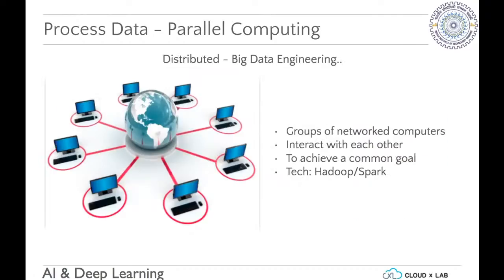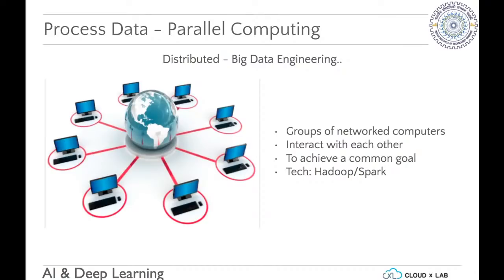That's called distributed computing and big data engineering. So when you have data, you need to generate, transmit, store, upload, and process it. And for processing big data, you need many computers. That is handled by distributed computing, or you can say big data computing or big data engineering.